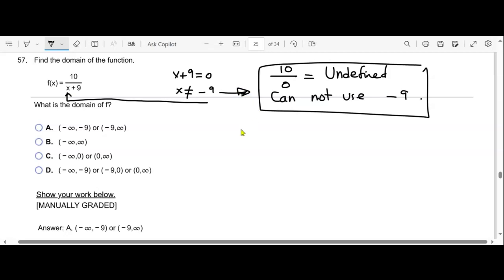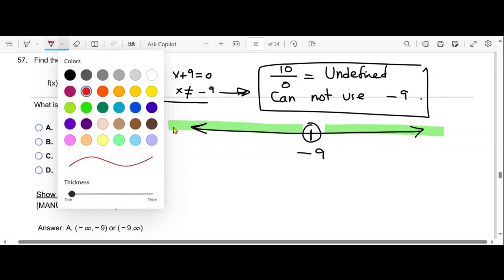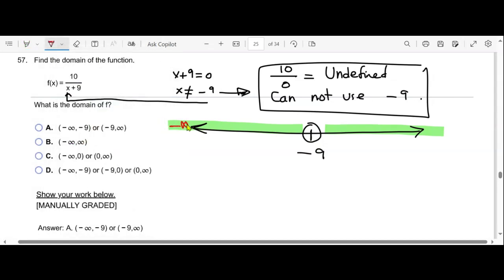Good. So how do you graph this, Ahmed? On the left, -9. Open or closed? Open. So it's going to be from where to where? Negative infinity to -9, union -9 to infinity. Very good, Ahmed. So which one is the correct answer? Is this clear? Union means what? Or.